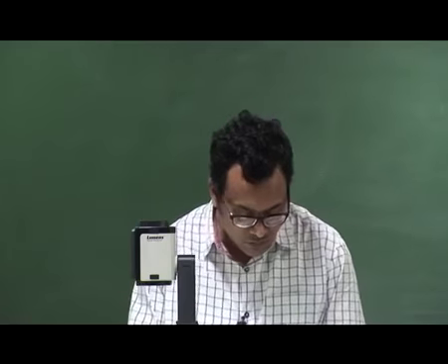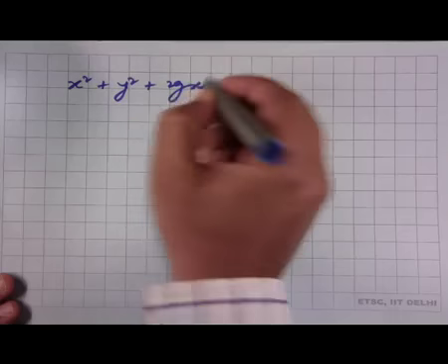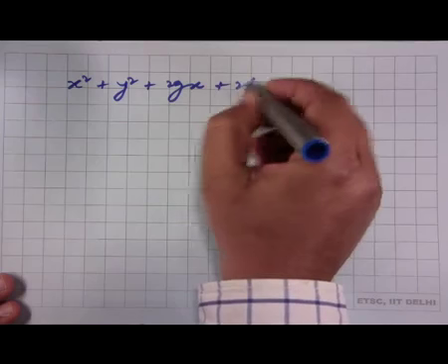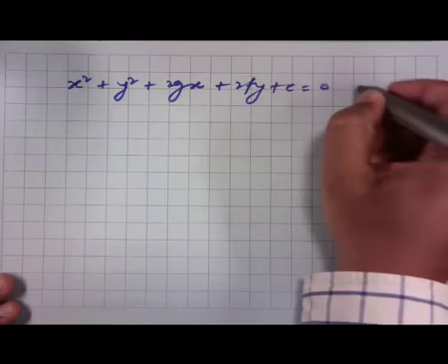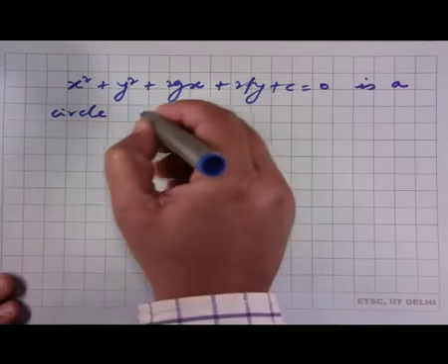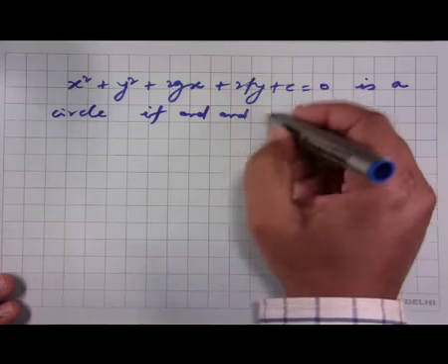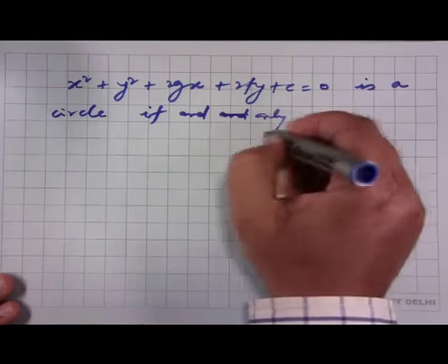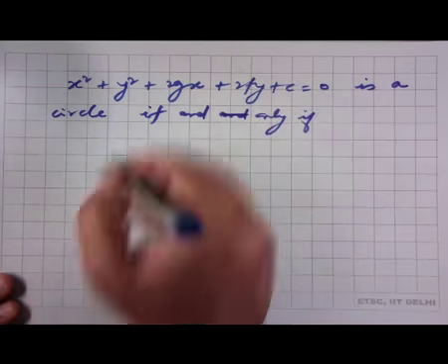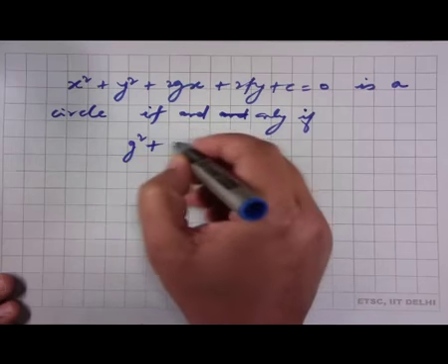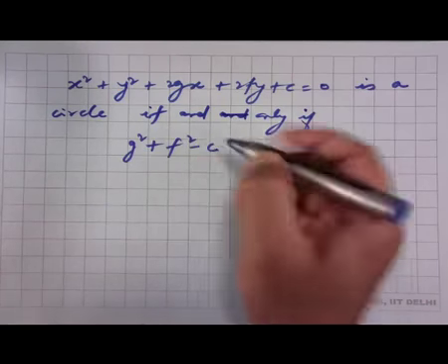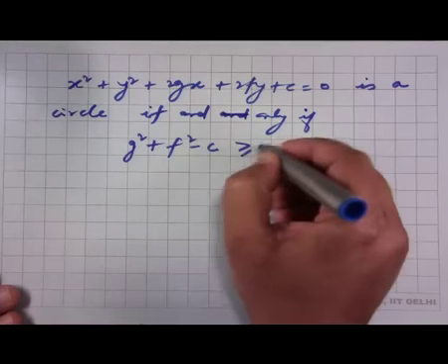And therefore, we can conclude by saying that a general equation of this form is a circle if and only if g square plus f square minus c is non-negative.